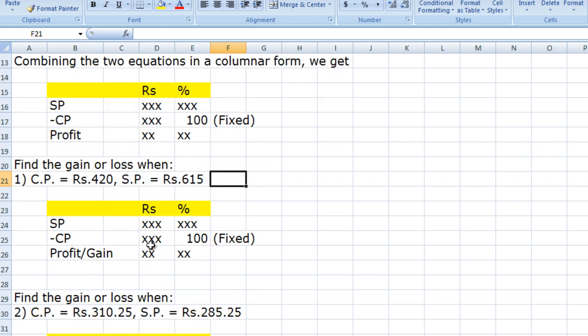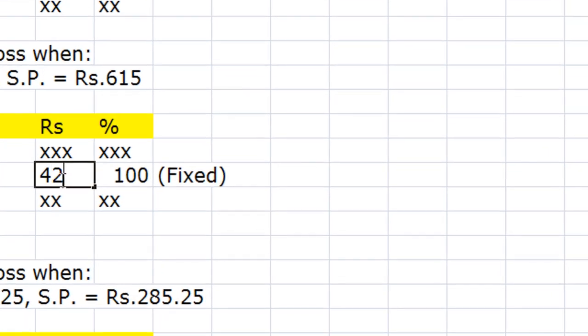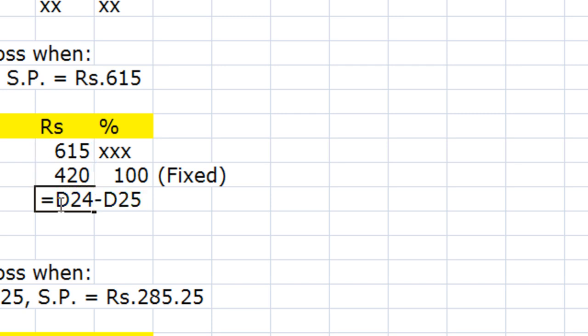CP is equal to 420 and SP is equal to 615. Now we have to calculate profit or loss. So 615 minus 420 is profit. It is a profit or gain of 195.